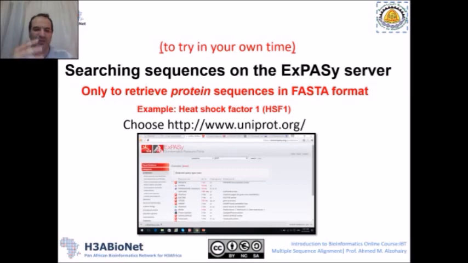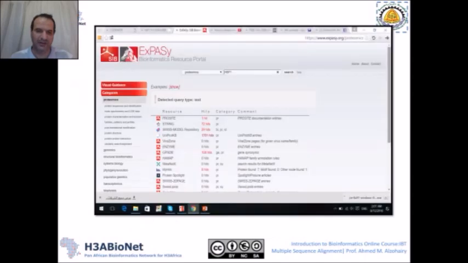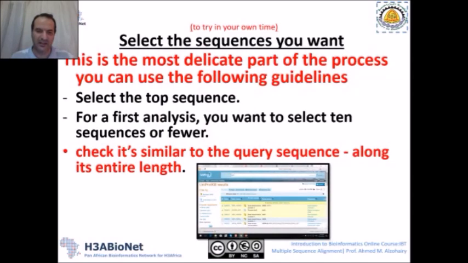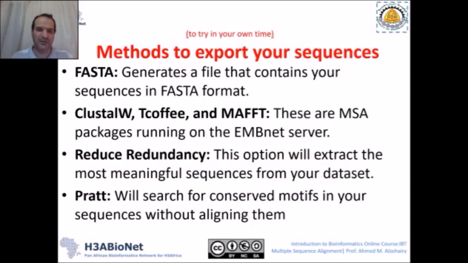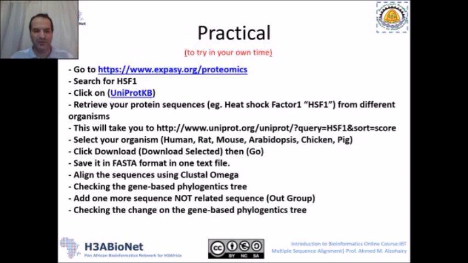This will lead you to different databases, and you can go to UniProtKB, and from UniProt you can extract some protein sequences in FASTA format, of course, and try to practice that in your own time before going to the next lecture. If you don't have time, go to the next lecture, and then we will see other practicals. Thank you very much.